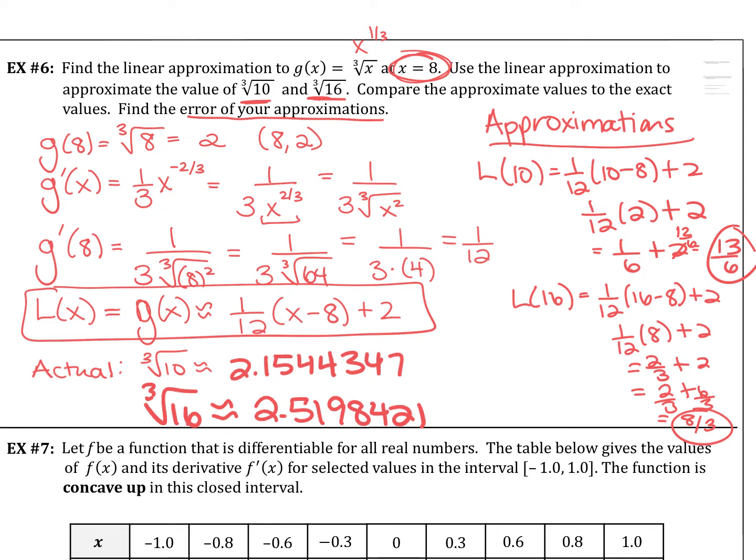So when I find the error, 13/6, I have to look at that. 13/6 is 2.166666667, so 2.16 repeating.